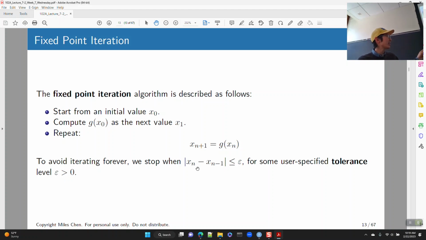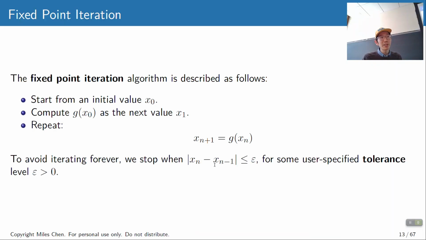But anyway, we just say, all right, when the difference between our current value and the previous iteration is less than some tolerance, like 10 to the negative 6 or 10 to the negative 7, we're going to say that's good enough, and we're going to stop. So numeric methods mean you have to be okay with good enough answers. You'll never get exact answers. We're always going for approximations.